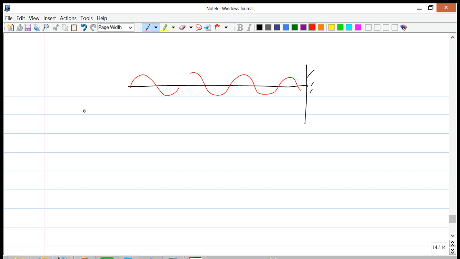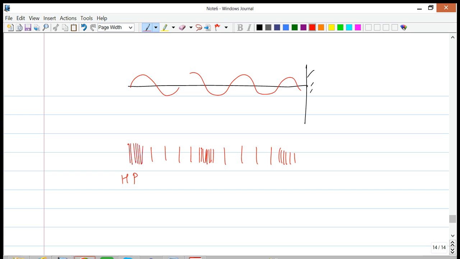As a sound is created, it leads to pressure variation in the air. At some points there's a high pressure area, then a low pressure area, then another high pressure area, and a low pressure area, and so on. Once again, this requires a medium.